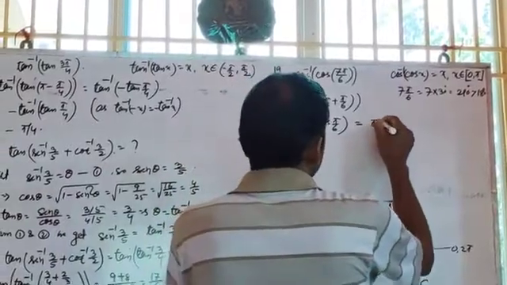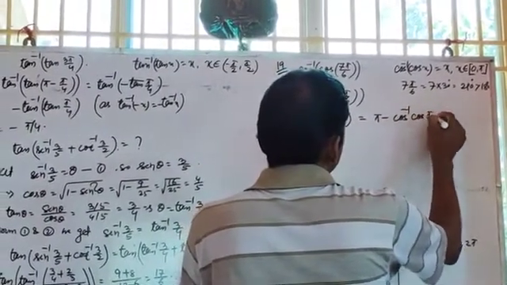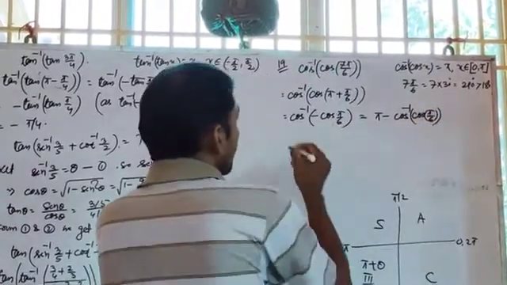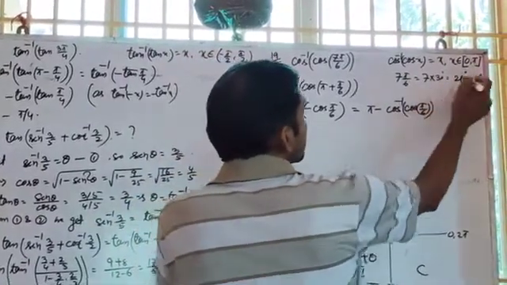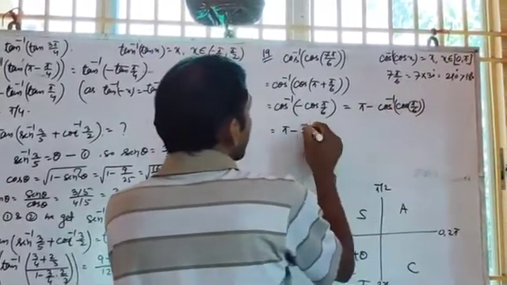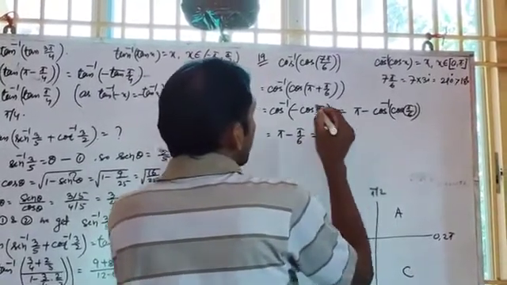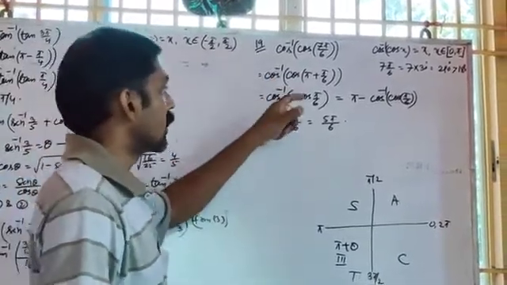So you can write it as pi minus cos inverse cos pi by 6. This is equal to pi minus cos inverse of cos pi by 6. It lies between 0 to pi, so it will be pi by 6. So pi minus pi by 6 is 5 pi by 6. Okay, so this is the value of this.